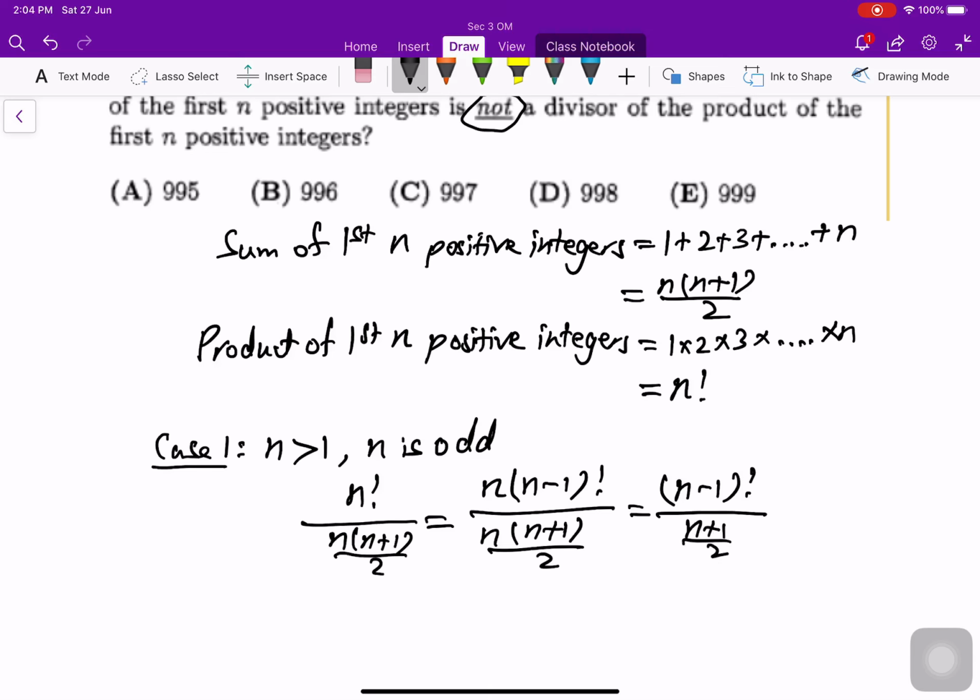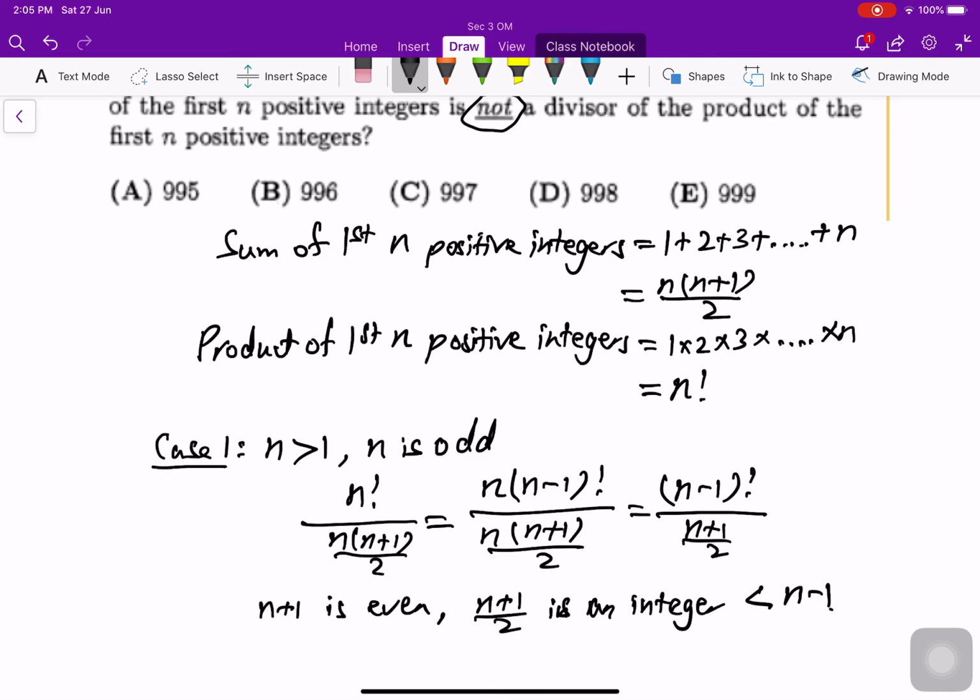Therefore, take note. Can you see that n plus 1 is definitely even? And in this case, n plus 1 divided by 2 is obviously an integer. It is an integer that is less than n minus 1, right?